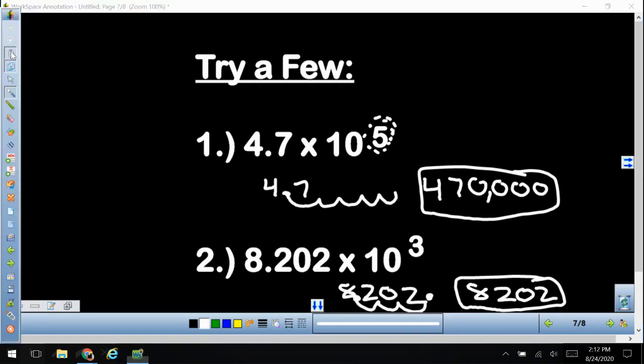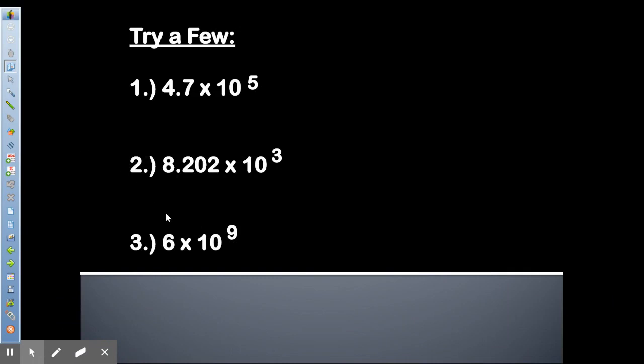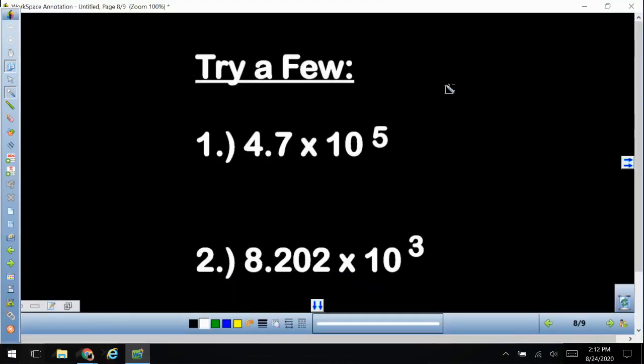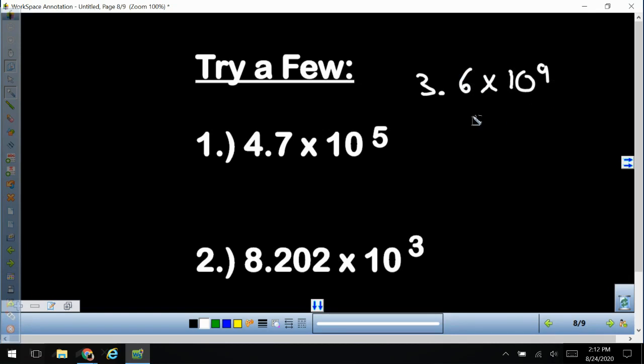And the last one says 6 times 10 to the 9th. So here's the third example. Rewrite my coefficient, which is a 6. I need to move my decimal 9 times to the right because it's a positive exponent. So where's the decimal in 6? I can't see it. Well, just like any other number, it is always at the end of the number. So originally the decimal's here.